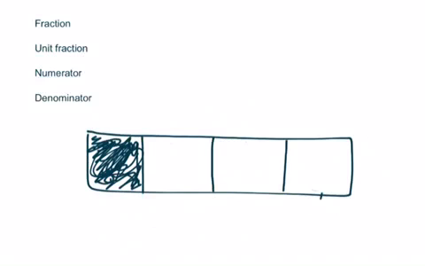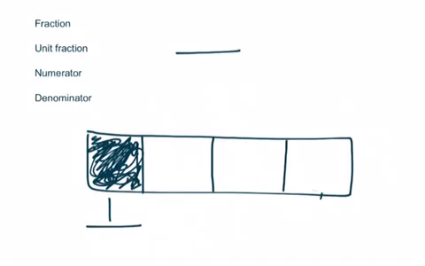Well, only one piece is colored in. So that is our numerator. Alright, and that one always goes on top of the fraction bar. So again, here's our fraction bar, just like it is here. When we learn how many pieces we're using, that is what our numerator represents. So only one piece is colored in, so it's 1.